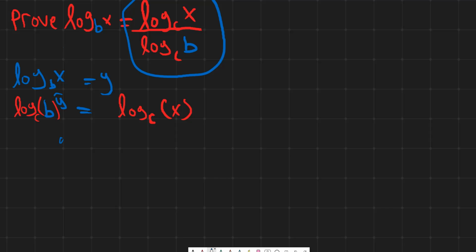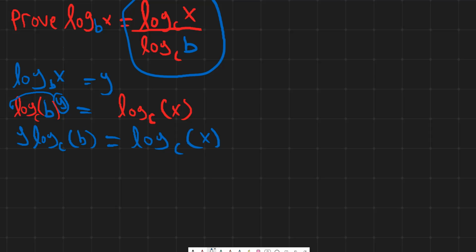So let's move the y down, which gives us y times log base c of b is equal to log base c of x. And now you probably already see it.